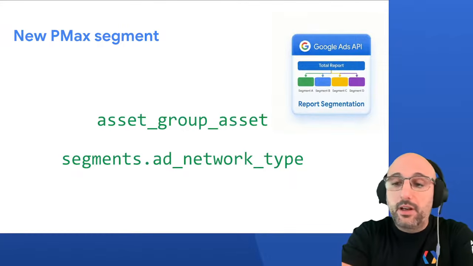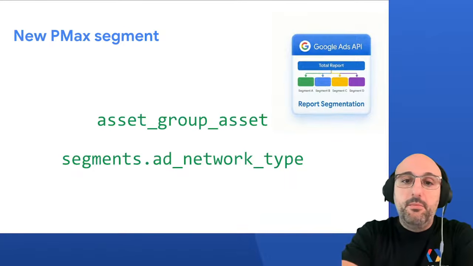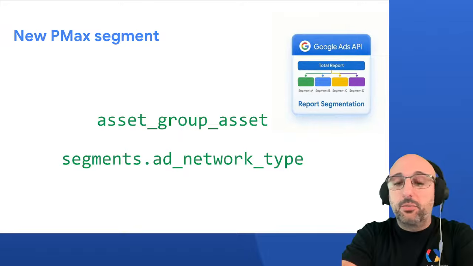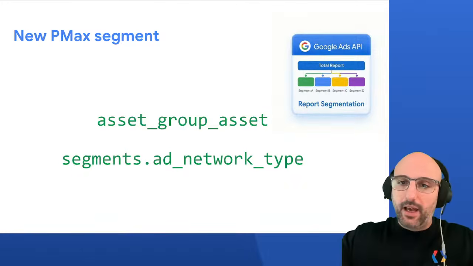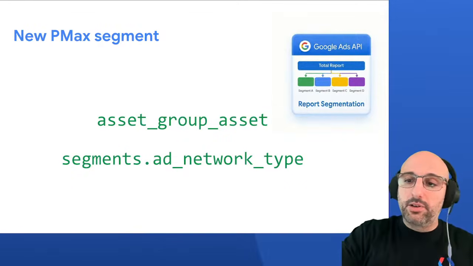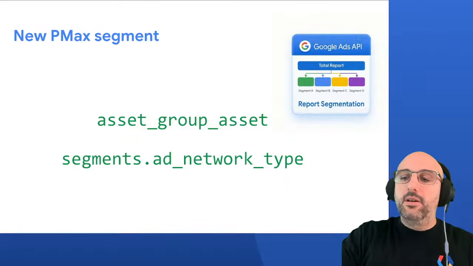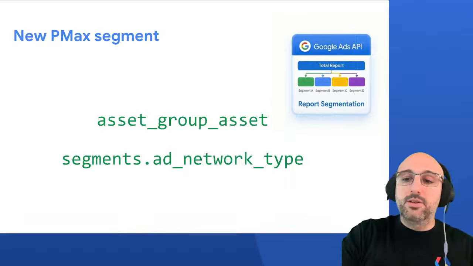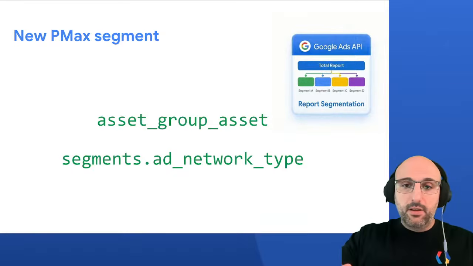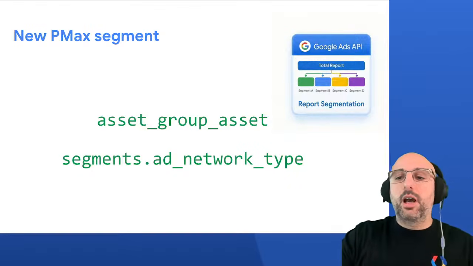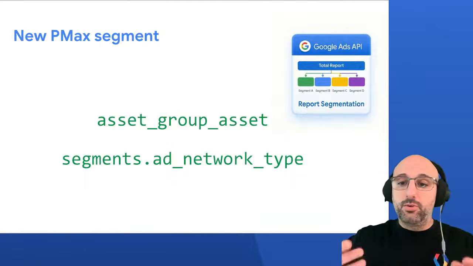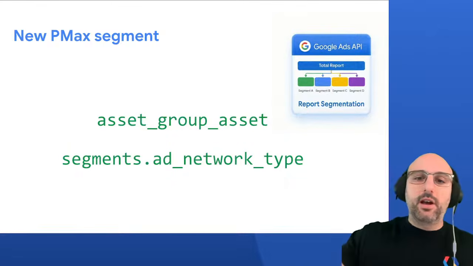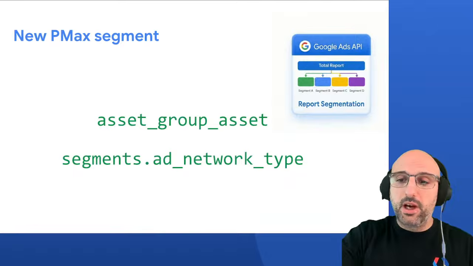Something that came out last month is being able to segment the asset group asset reporting, so the asset level reporting, by ad network type. This means that when you're getting metrics for your assets in your PMAX campaigns, you're able to split the metrics that you get by ad network type, which means search or YouTube or display or Gmail and all the other ad networks that we support in the API.